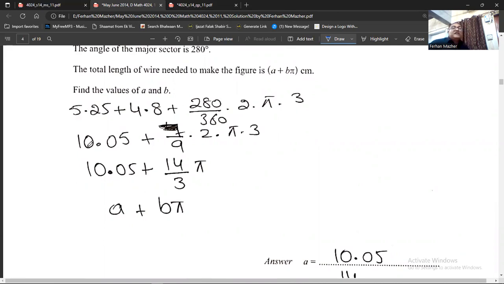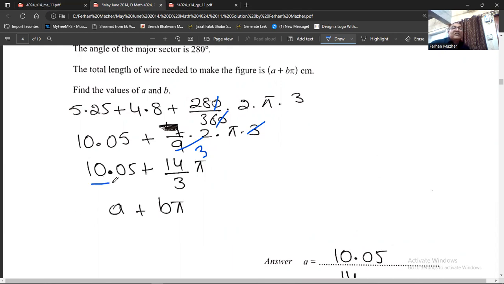So this will be 10.05 plus this will be 7 by 9, the 0 and 0 are cancelled. So cut it with the table of 4. So this is 4 by 9 into 2 into pi into 3. So this is 10.05 plus 14 by 3 pi, with the 3 cancelled.